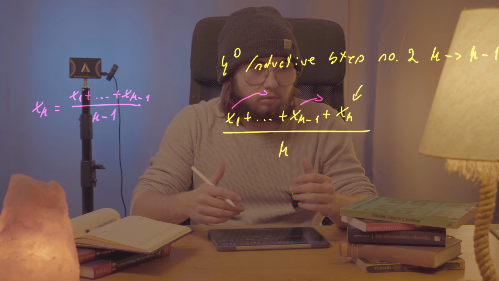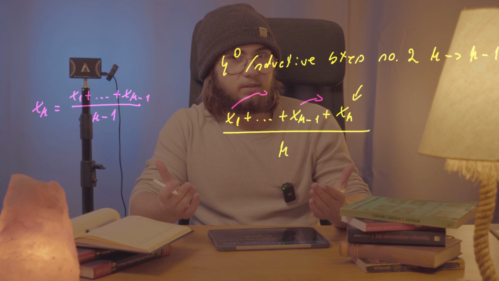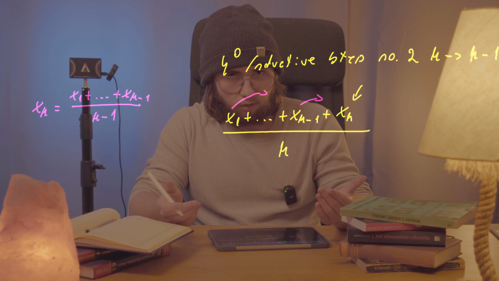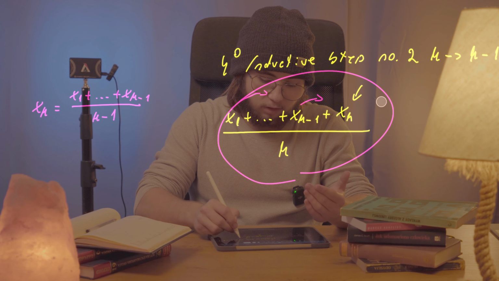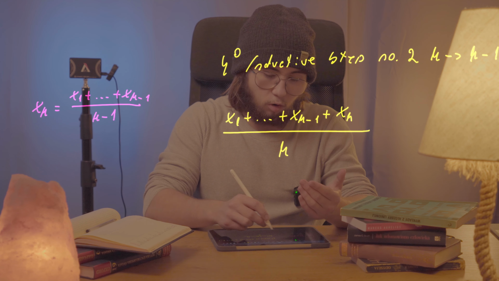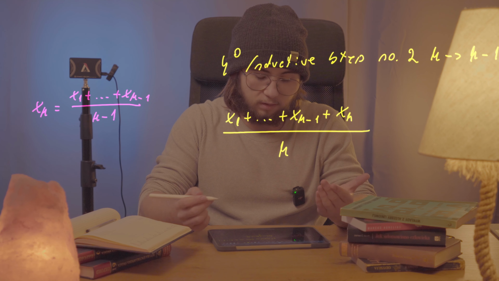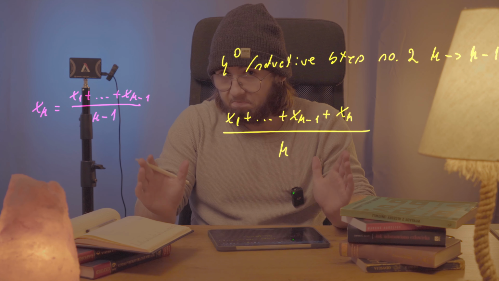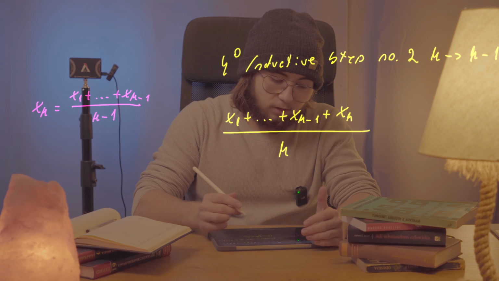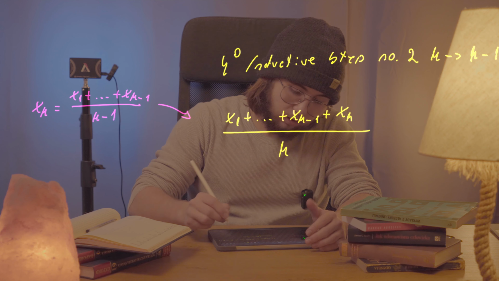And well, is it going to change the final value of this entire fraction? Well, absolutely not, because I'm still going to add all of those numbers up in the numerator and then divide them by k. Doesn't change a thing. So I can do it. I can just go on and plug this stuff right here.